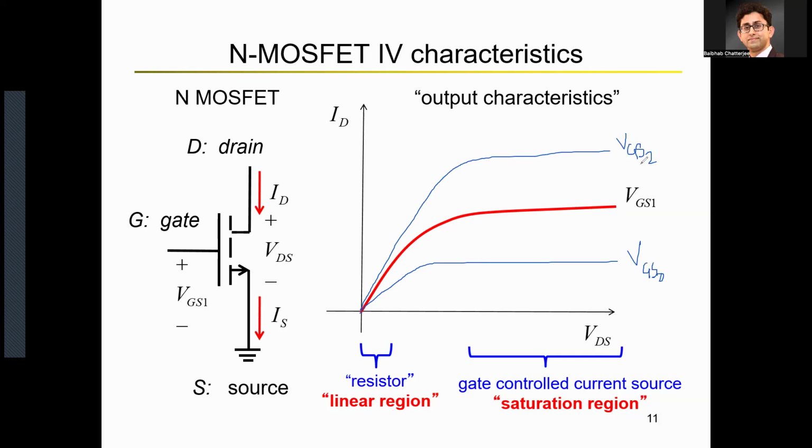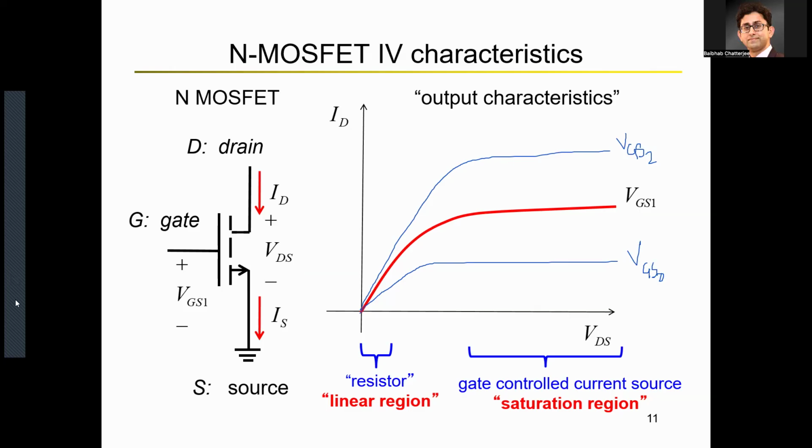So for three different values of VGS, where VGS0 is lower than VGS1, which is lower than VGS2, if VGS2 is the highest, you'll get the highest amount of current at the output. And that's why this region is called the gate controlled current source.